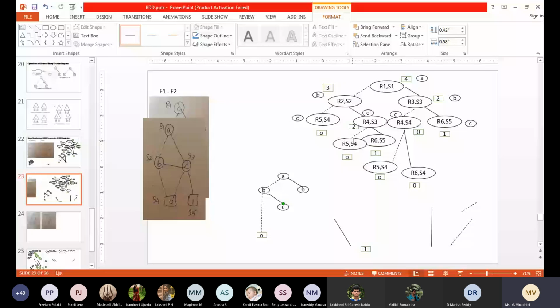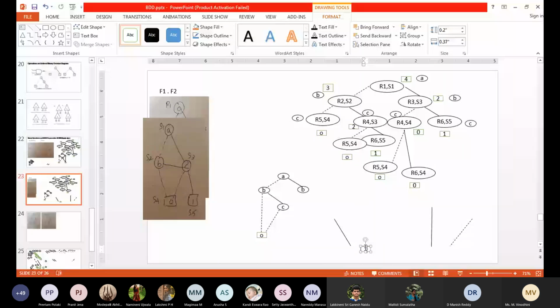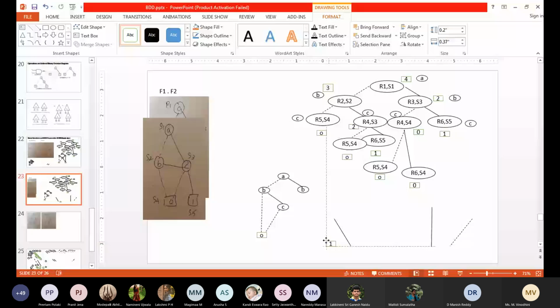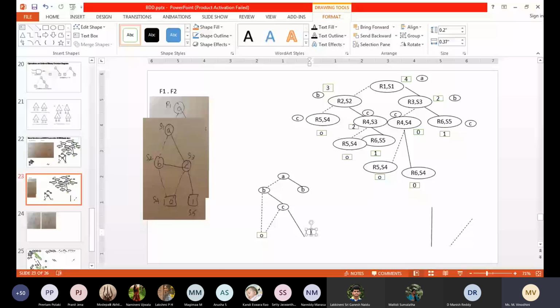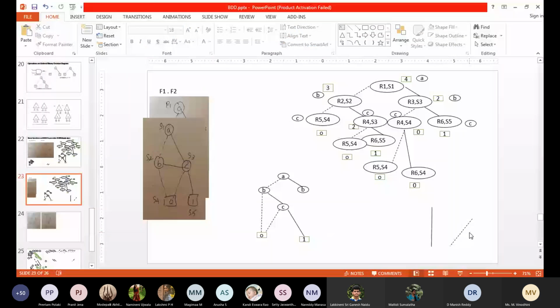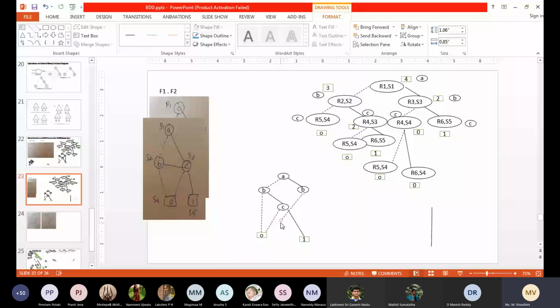When it is 1, it is going to 1. And this B, when it is 0, it is going to 0. When it is 1, it is going to 1.